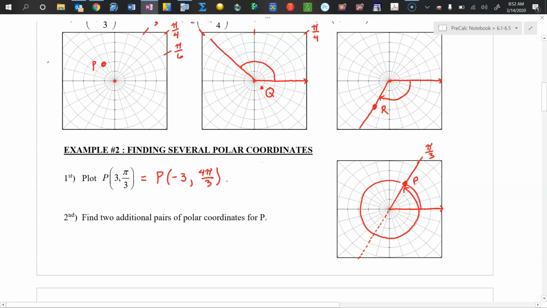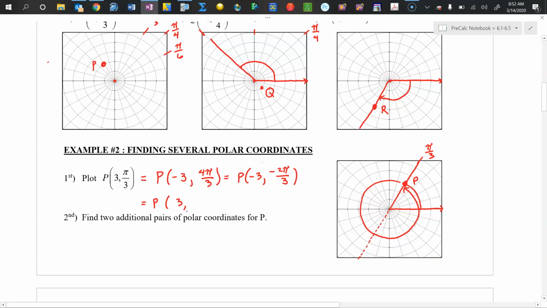That would be one way of specifying it. Another way we could specify it is to say we are going to subtract pi radians. So we would use a directed distance of -3, but pi over 3 minus 3 pi over 3 would be -2 pi over 3.